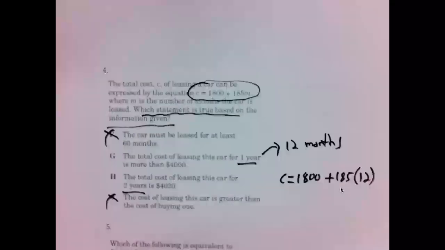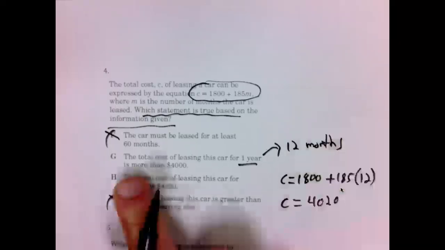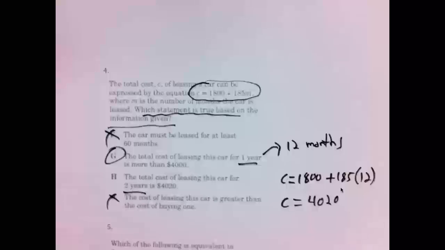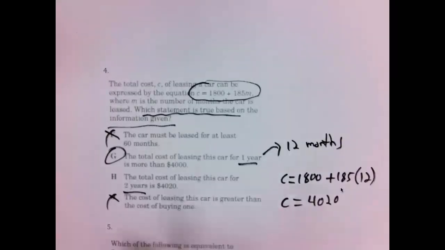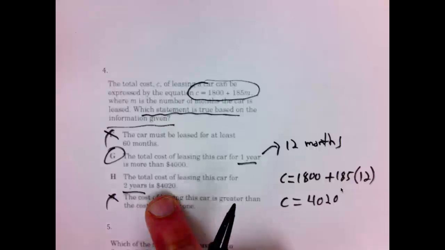Using your calculator to evaluate that, 1800 plus 185 times 12. That's 4,020. The cost of leasing this car for 1 year is more, yep, just barely. Number 4 is G. 1 year is 4,020, not 2 years.